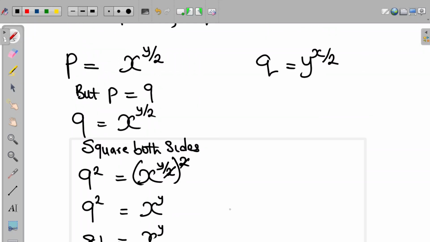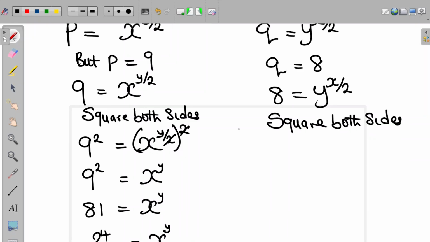Again, let us consider that Q is equal to 8. So we have that 8 is equal to y raised to the power of x divided by 2. Also, if we square both sides, we have 8 squared is equal to y raised to the power of x divided by 2, all squared. So this cancels out.